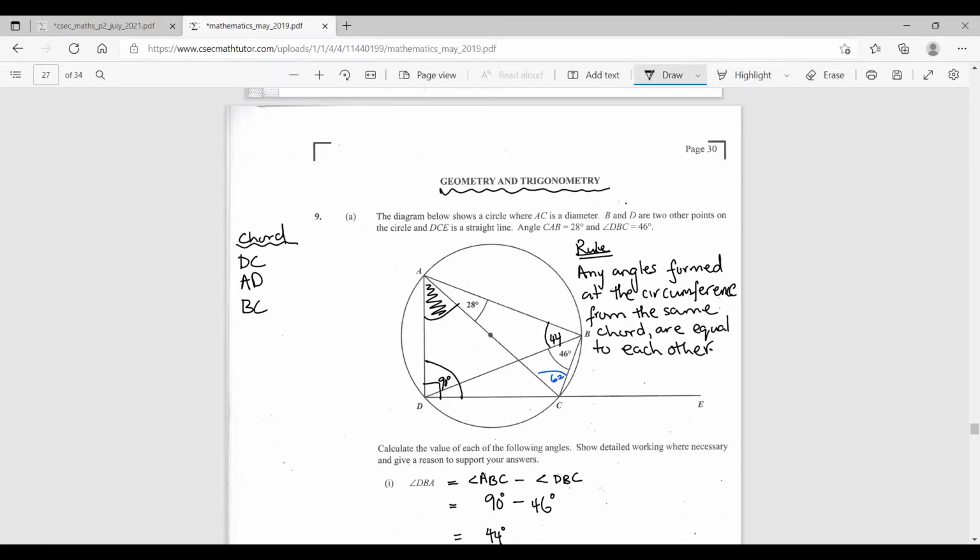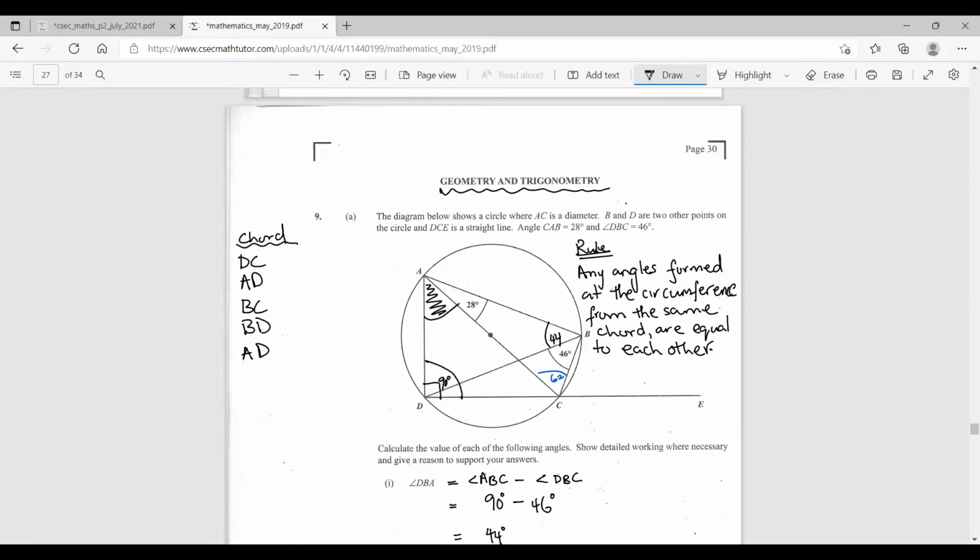What's another chord? BD. BD is a chord. One more chord missing, I believe. AB. Nice. Right, so these are some chords. Remember, the chords are the lines going from circumference to circumference without going through the center of the circle.